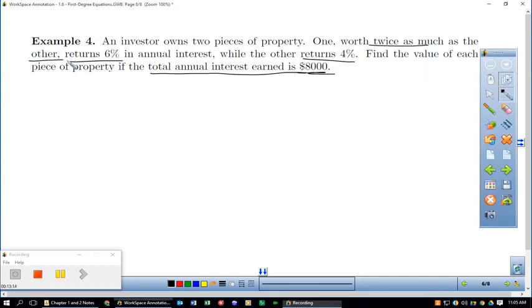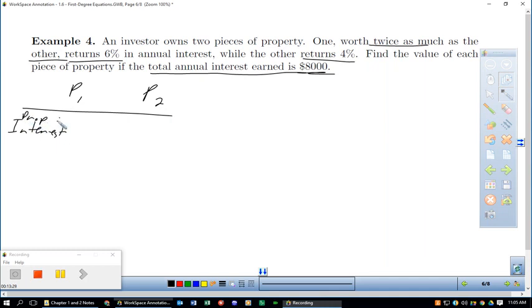First, I'm going to try to make a table. We have two properties, property 1 and property 2. I'm going to put our interest down here, and just our properties. The first property, I'm just going to call it x. I don't know how much it is.